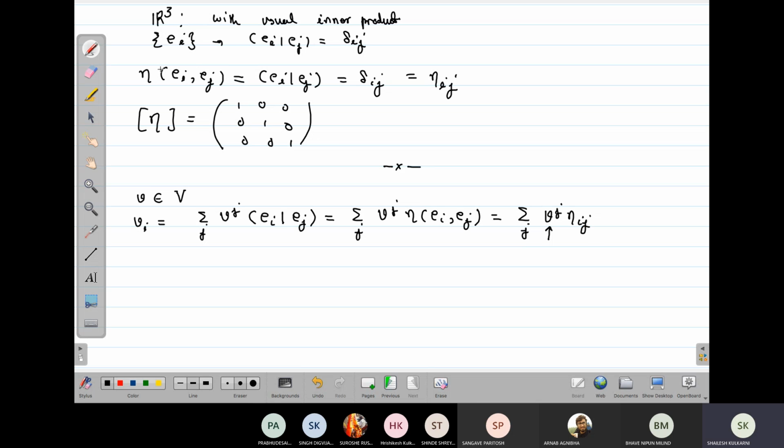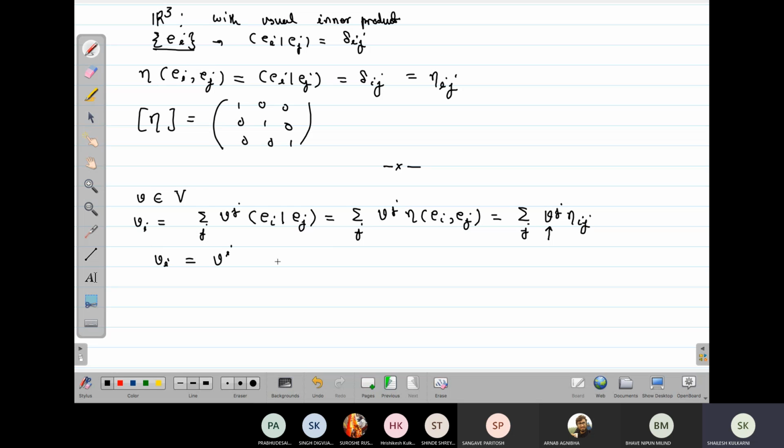So you can see now that in usual R3 with Cartesian basis, eta is a diagonal matrix with diagonal entries 1. Hence, there is no difference between v lower i and v upper i.